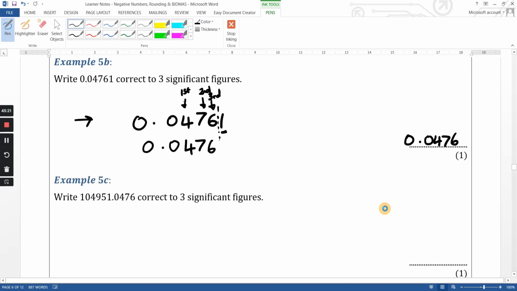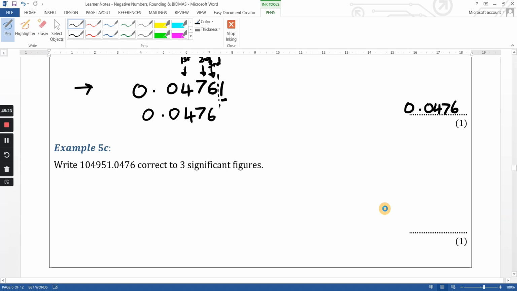Okay, let's try one more. Oh, this one's a slightly trickier one. So I've got a really big number, 104,951.0476. To 3 significant figures again. So again, I'm going to start from this side.